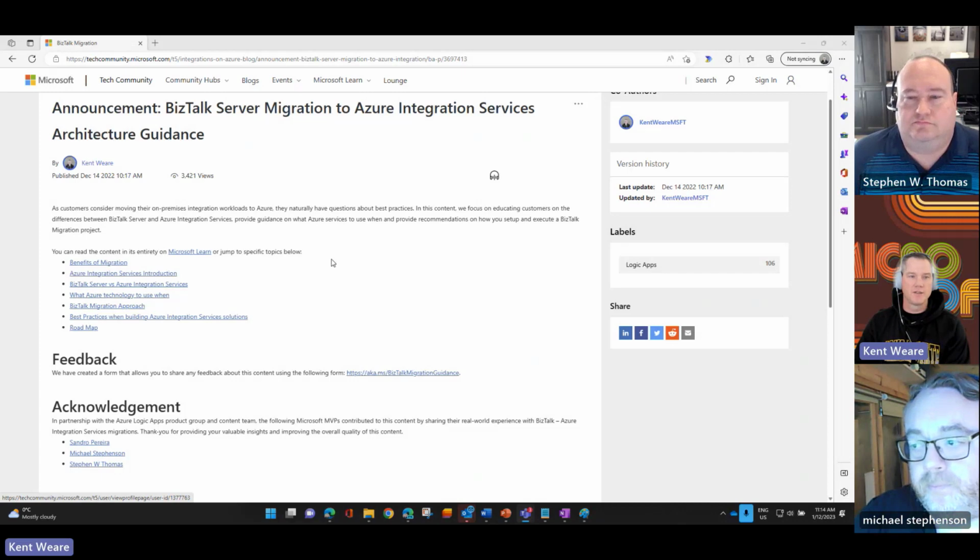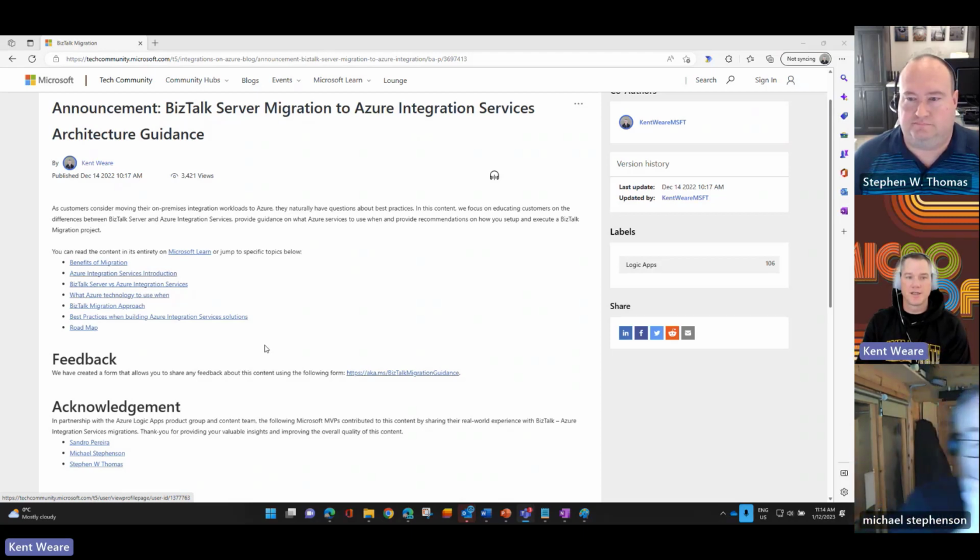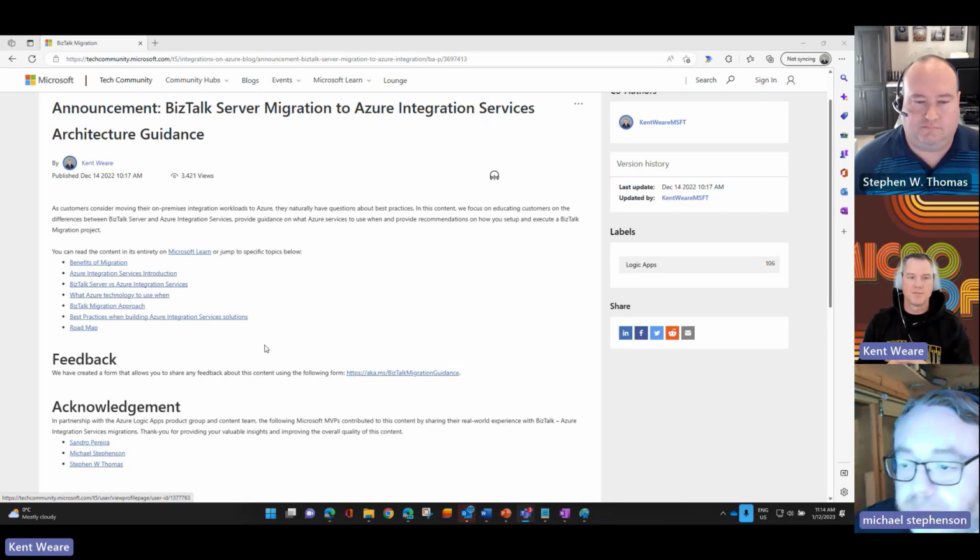This is a great resource for planning your BizTalk Server migration, and you can see all of the various areas that we talk about in the paper: the benefits of migration, an introduction to Azure Integration Services, and how you should compare and contrast some of the concepts in each of these different platforms.